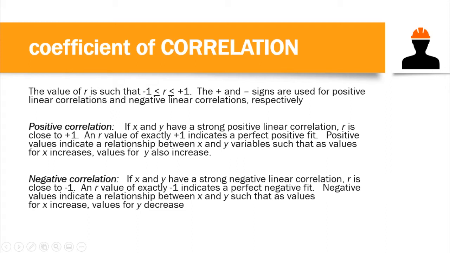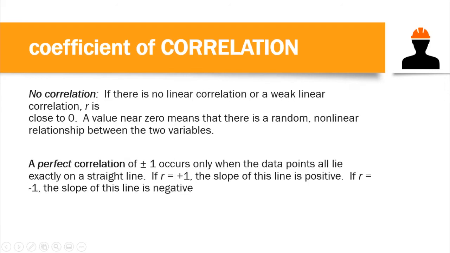And -1 indicates a perfect negative fit. When r is equal to 0, that means there is no linear relationship between the x and y variables, or there is a weak linear correlation between the two variables.